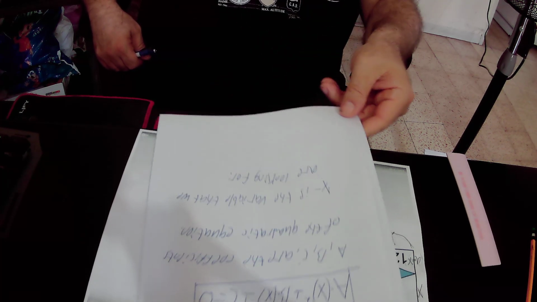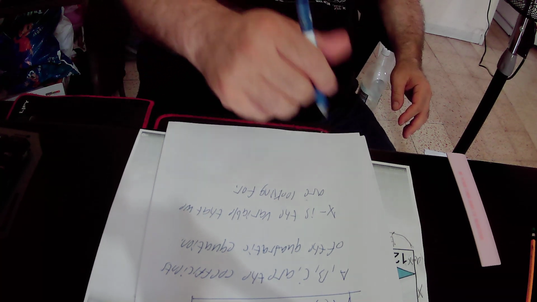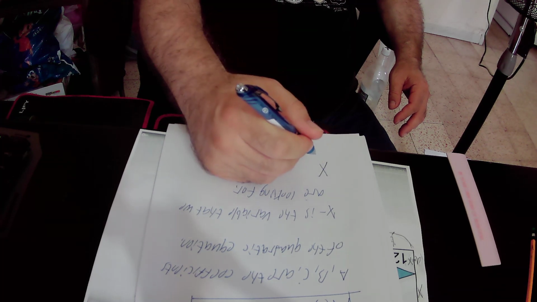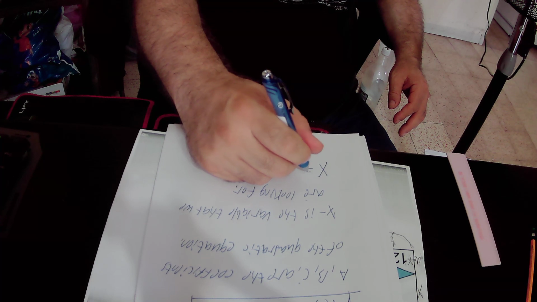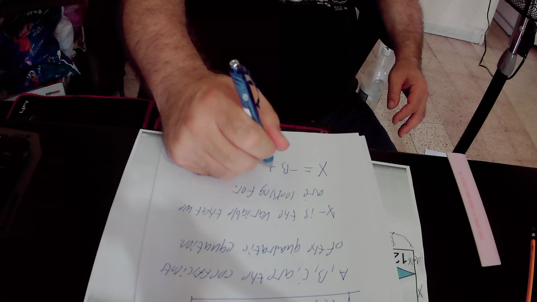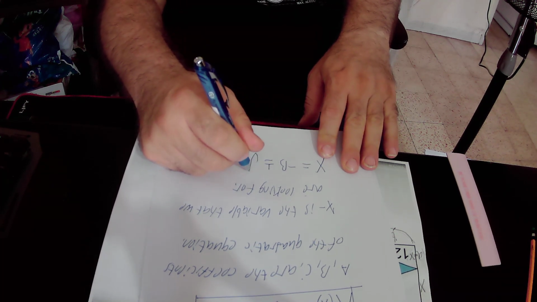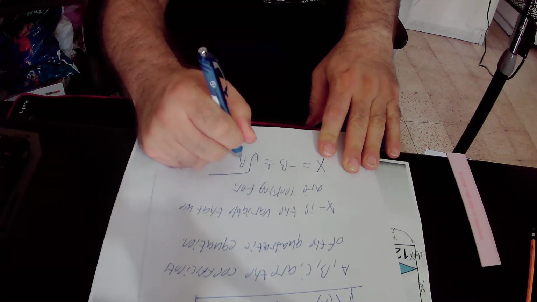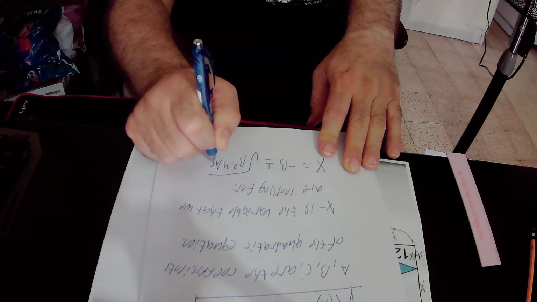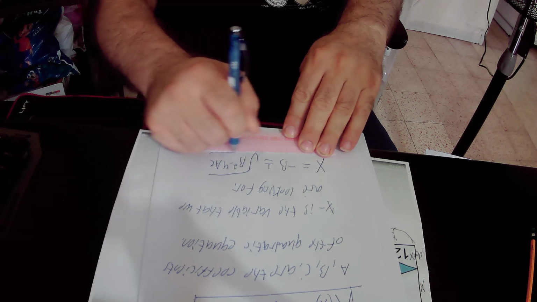Okay, so I will write down the general formula for x. x equals minus b plus minus the square root of b squared minus 4a times c, divided by 2a.